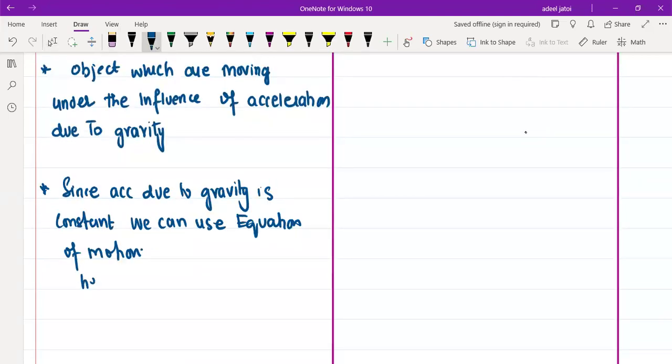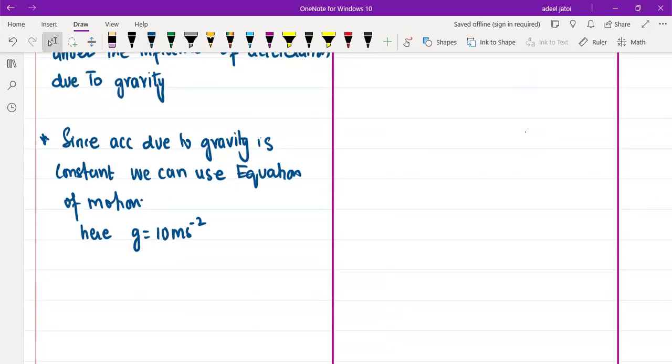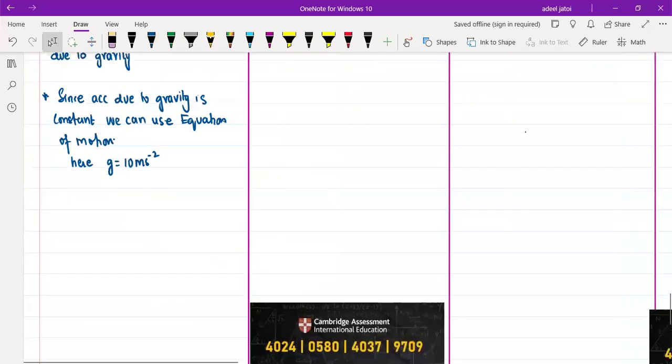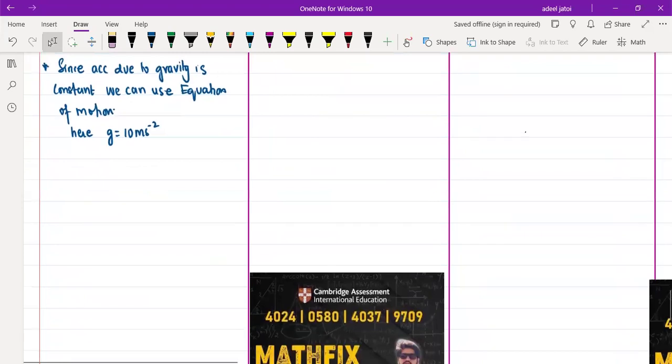Remember that here gravity is equal to 10 ms^-2. We will not be taking 9.8, we'll be taking 10. So there will be two types of gravitational cases. Let's just work upon that.